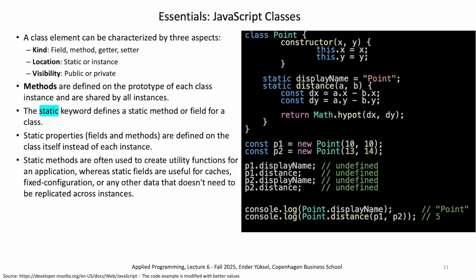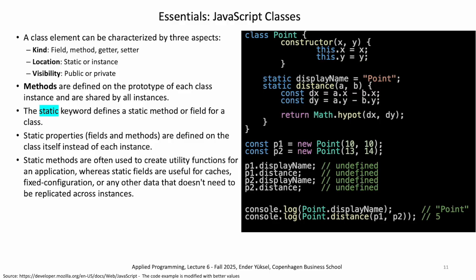Attempting to access the static property display name or the static method distance on an instance p1 or p2 results in undefined. Note that this is not an error because accessing a non-existent property on an object is not an error in JavaScript. It just returns undefined, which is a primitive value that JavaScript automatically assigns to variables that have been declared but not given a value.